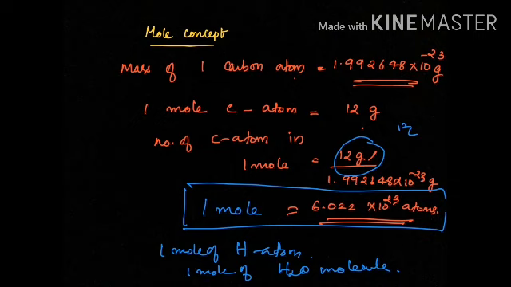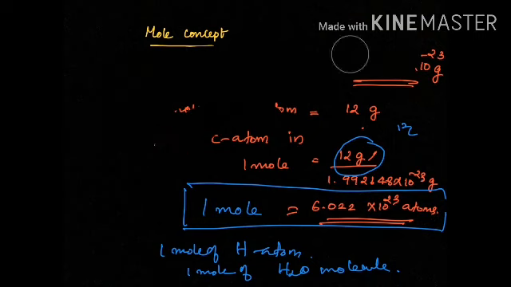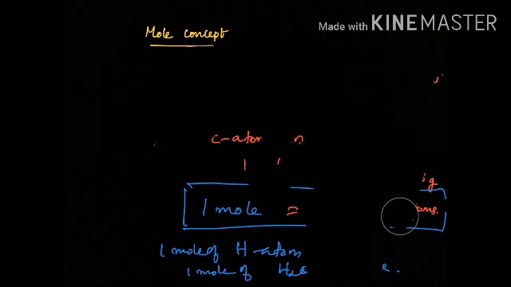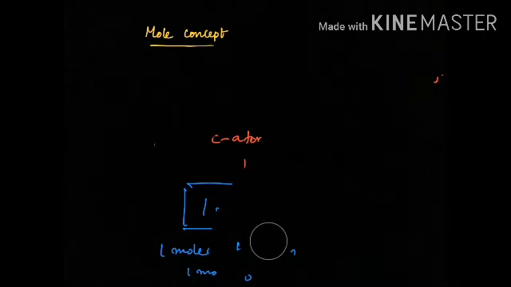So now how can we find out the mass of different molecules? Now we need to find out the number of moles. How can we find out the number of moles?